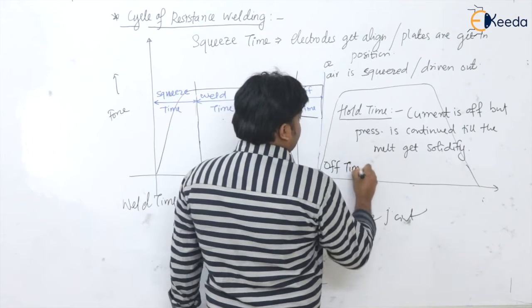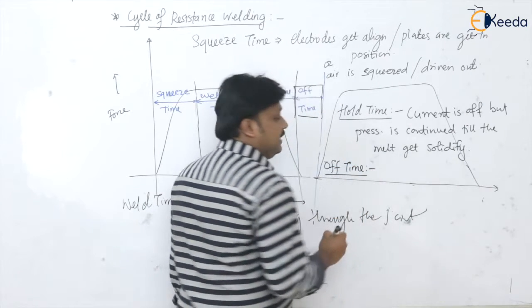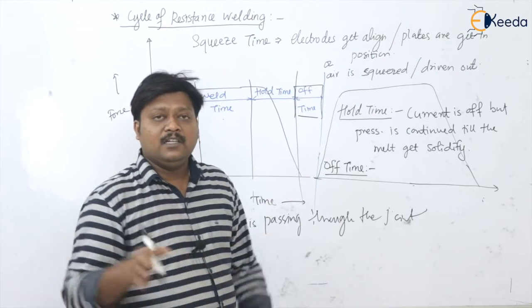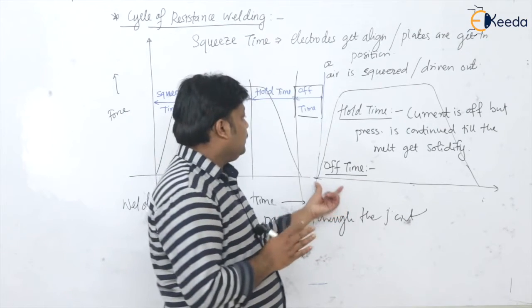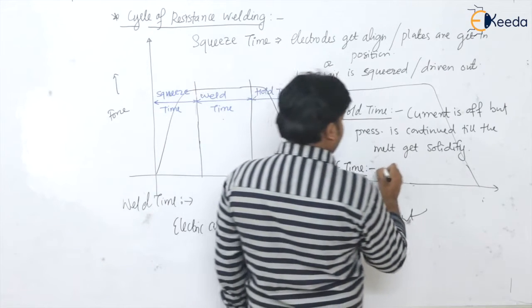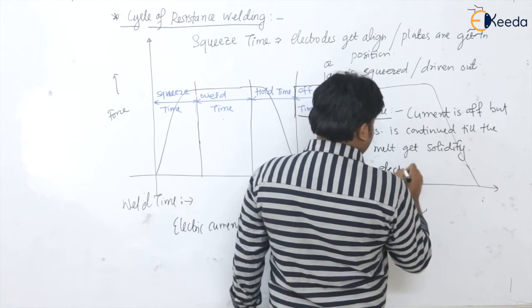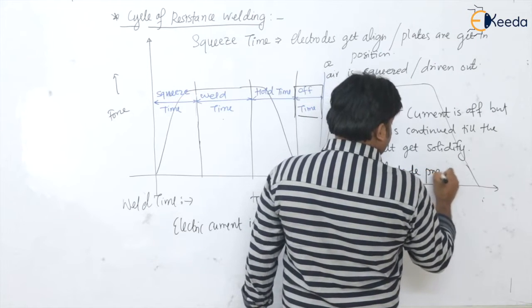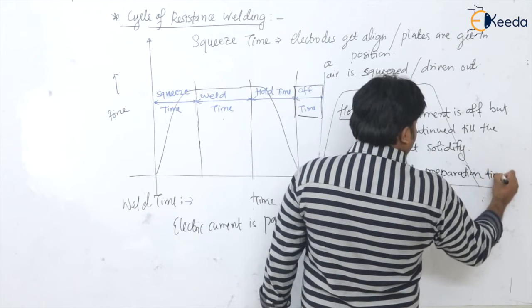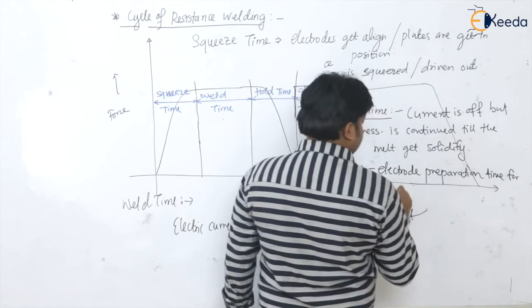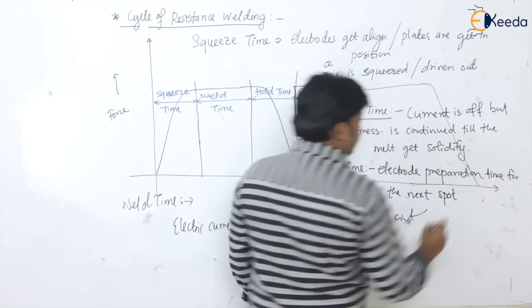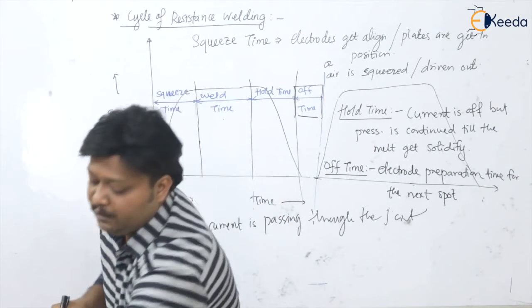Now the electrode is getting prepared for the next spot, so that time is the off time: electrode preparation time for the next spot.